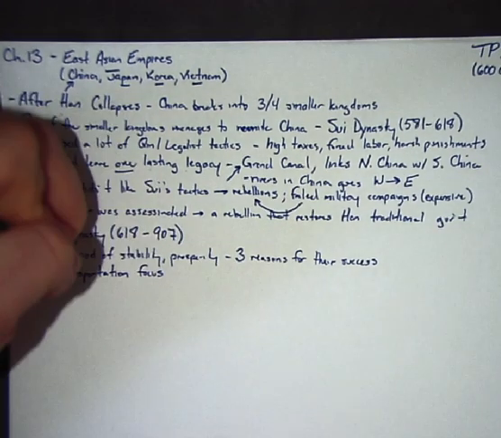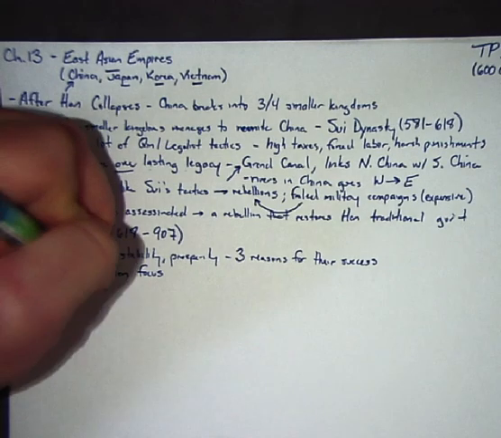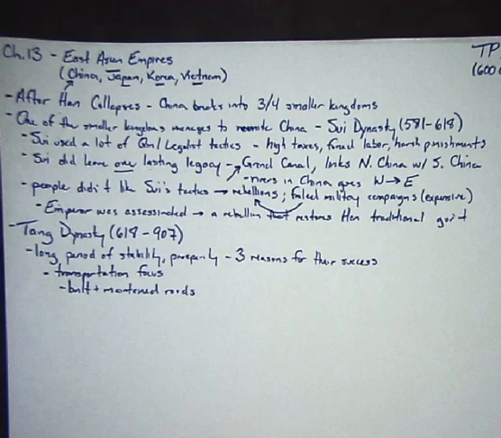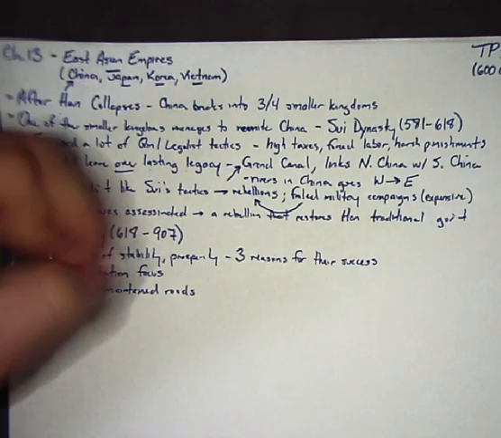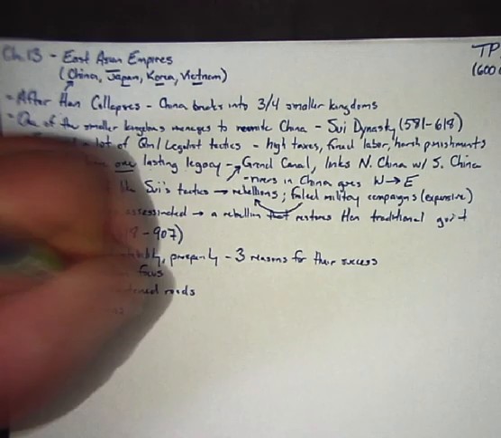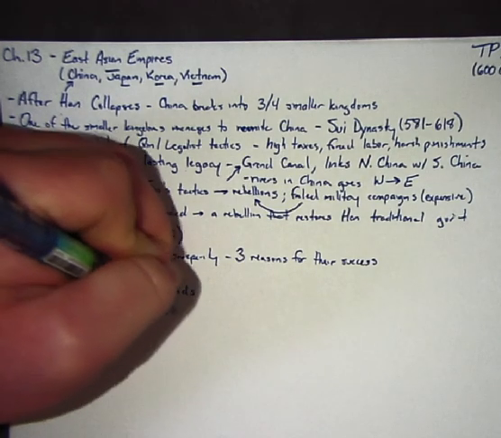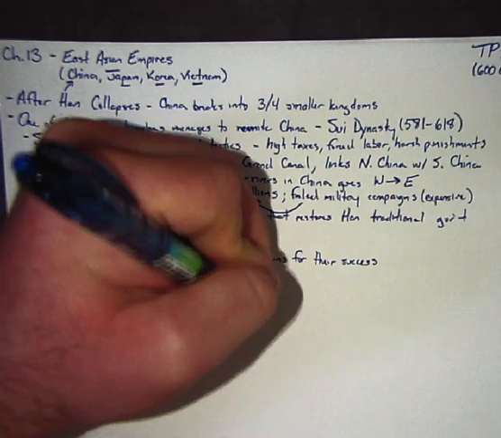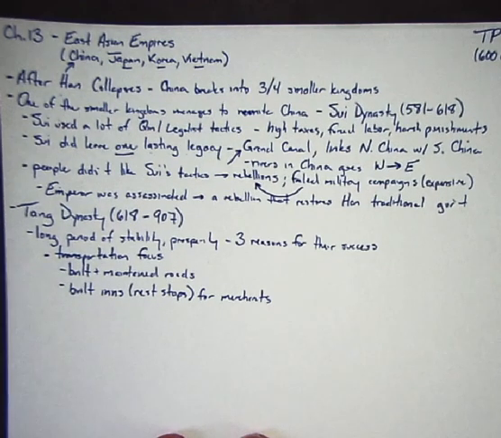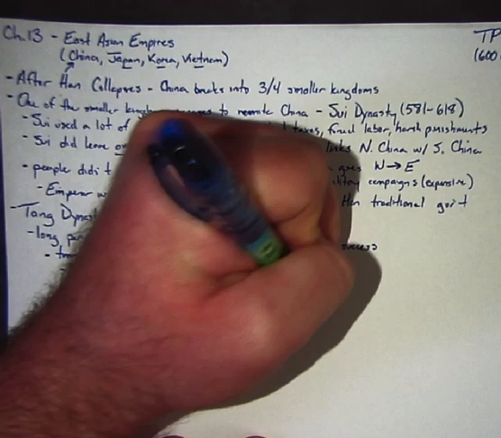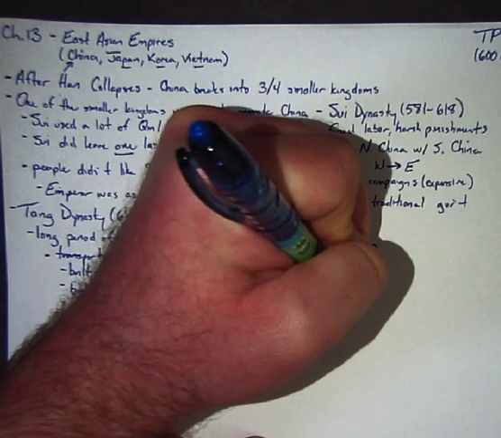So they built and maintained the roads. So they built new roads, they maintained old roads. They kind of built, I guess we'll call them inns, but kind of think of them as like rest stops for merchants. And this allowed them to get fuel and rest for their animals.